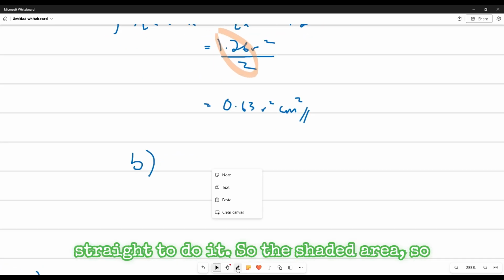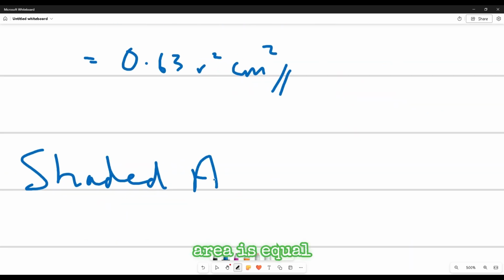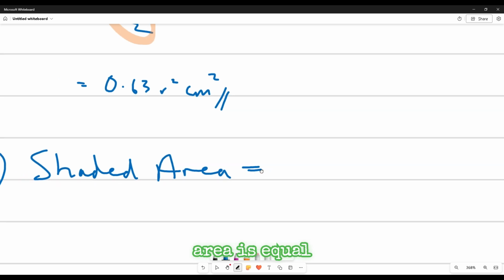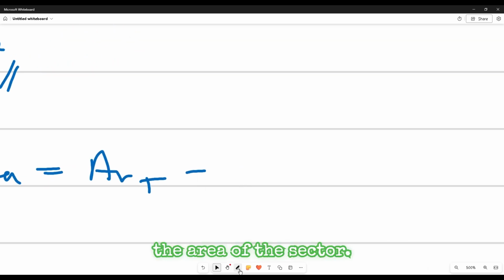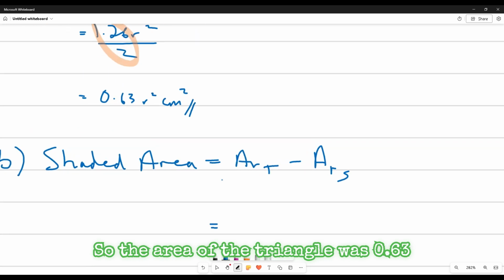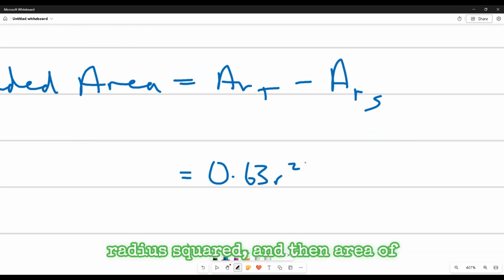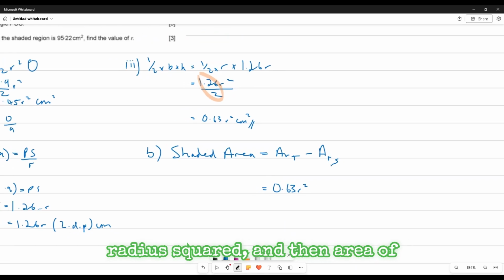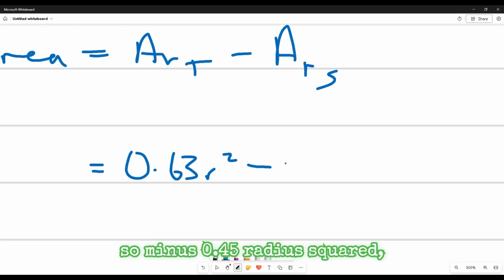So the shaded area is equal to the area of the triangle minus the area of the sector. The area of the triangle was 0.63 radius squared, and the area of the sector was 0.45 radius squared, so minus 0.45 radius squared.